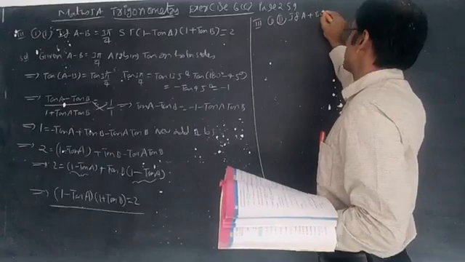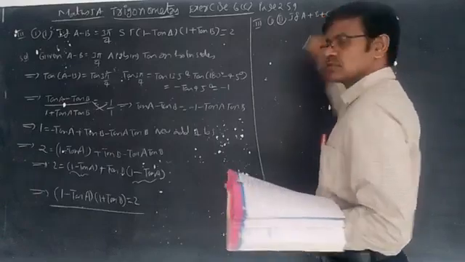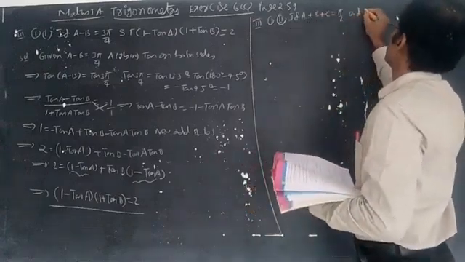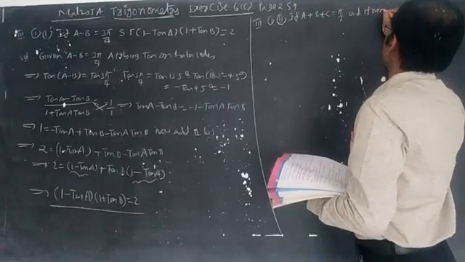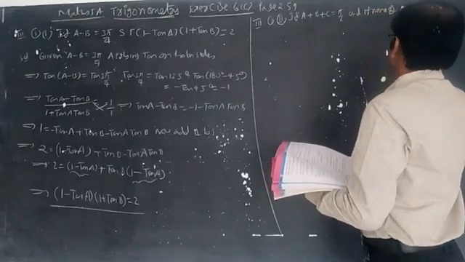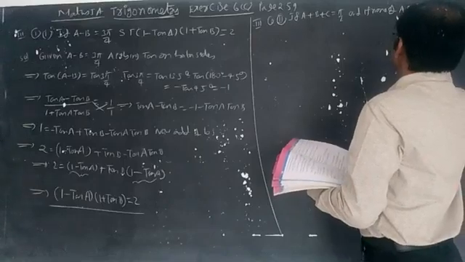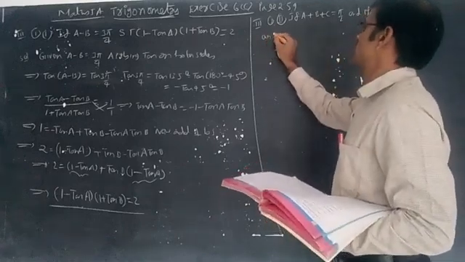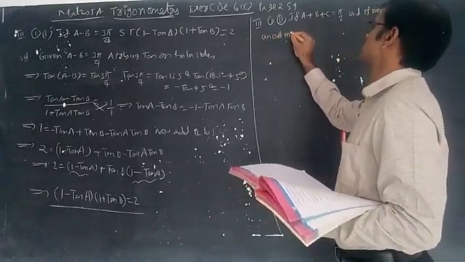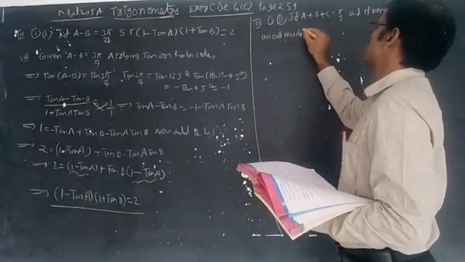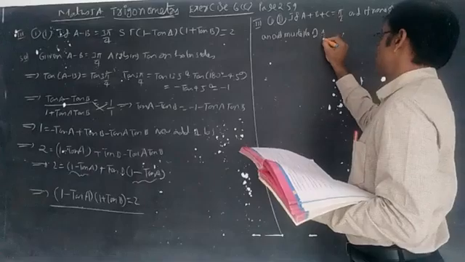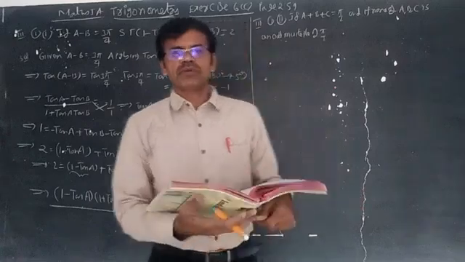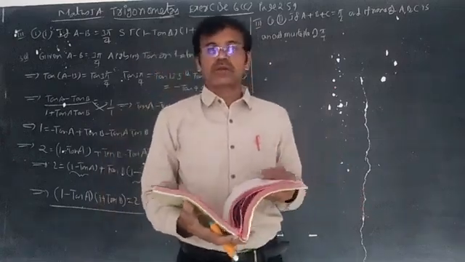If A plus B plus C is equal to pi by 2, and if none of A, B, C is an odd multiple of pi by 2. So that meaning is A is not odd multiple of pi by 2, B is not odd multiple of pi by 2, C is not odd multiple of pi by 2.